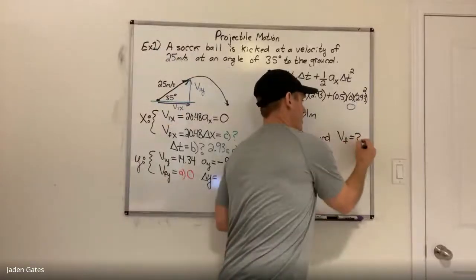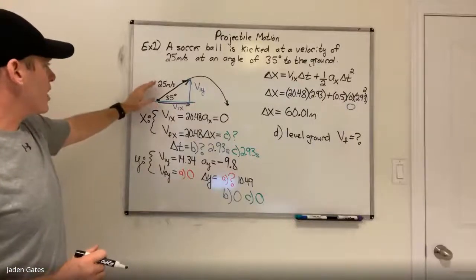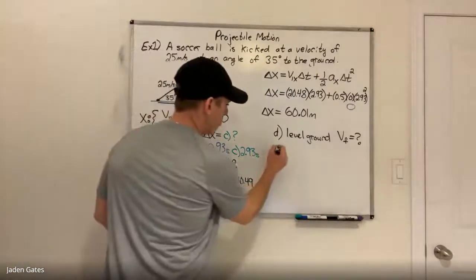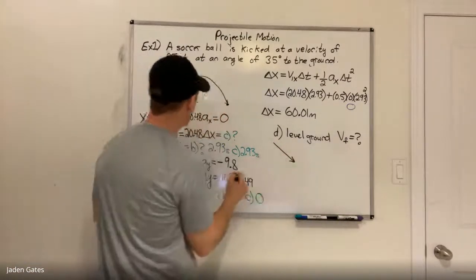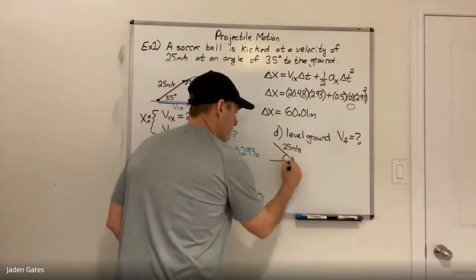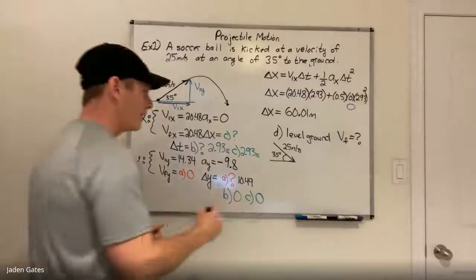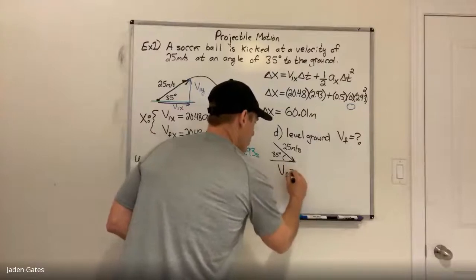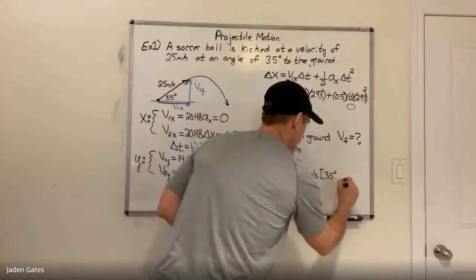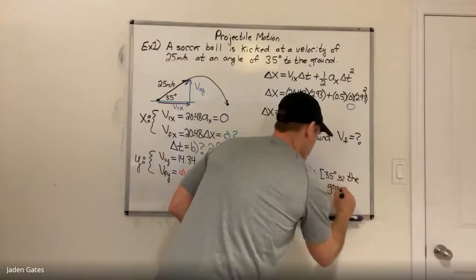Now, this is, again, a little physics: if you are on level ground, and your ball is launched at 25 meters per second at a 35-degree angle, your object will strike the ground at 25 meters per second at a 35-degree angle. And so our VF is 25 meters per second, 35 degrees with the ground.